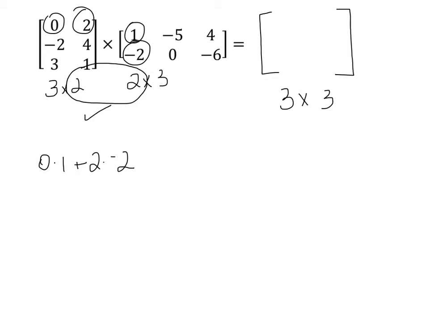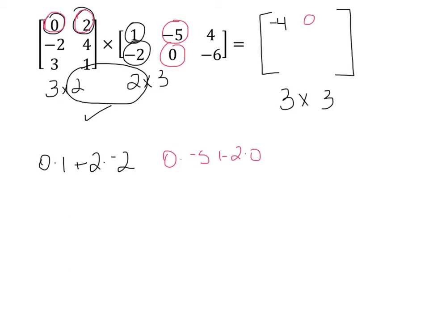So that gives me 0 minus 4 is a negative 4. Then I'll do the next one. Zero times negative 5 plus 2 times 0. That's equal to 0.